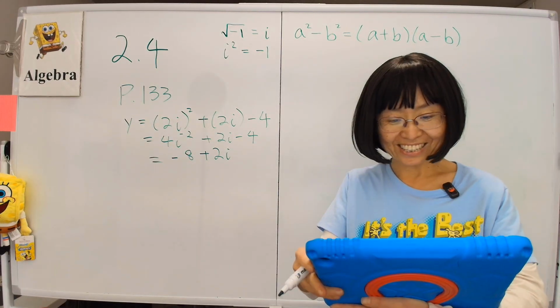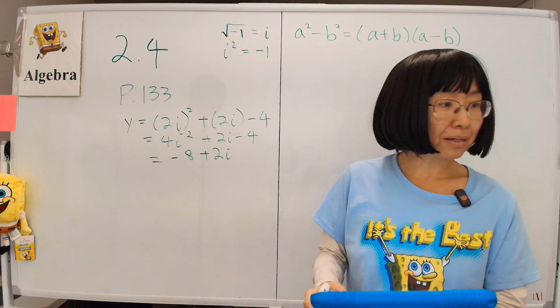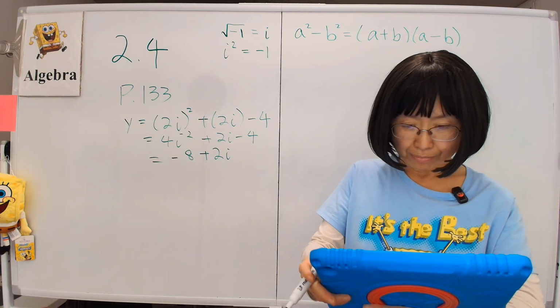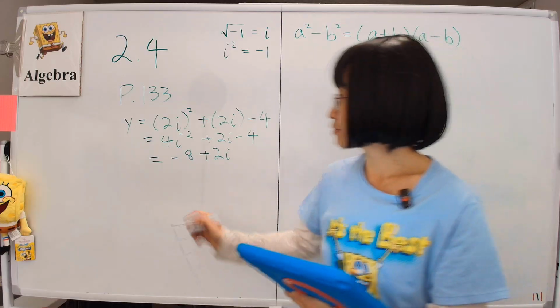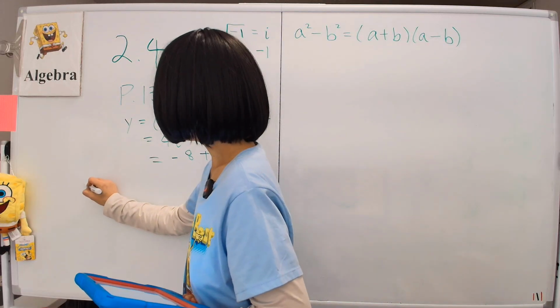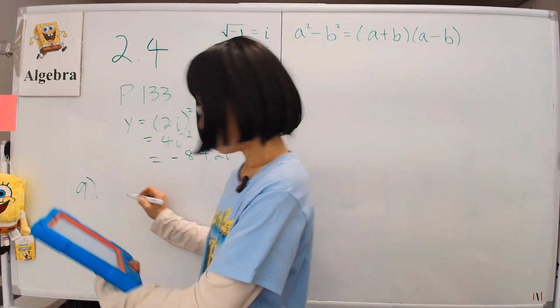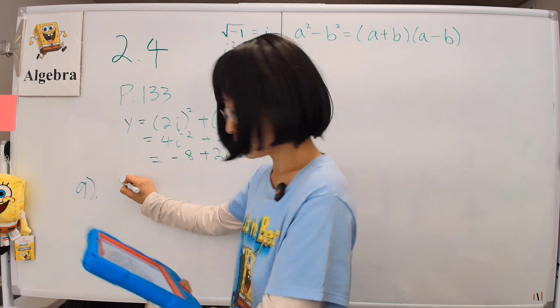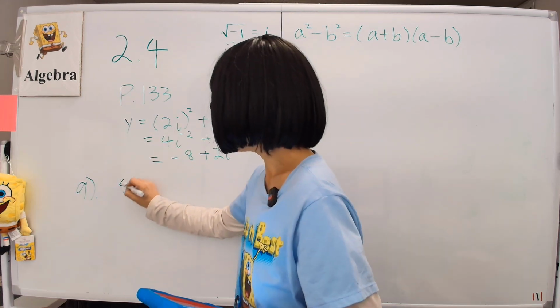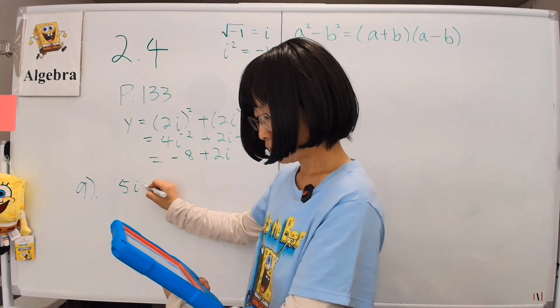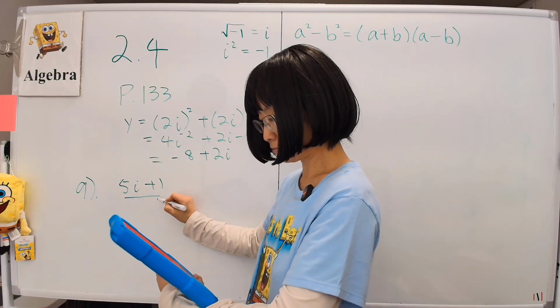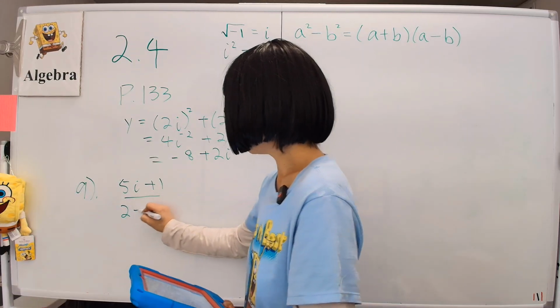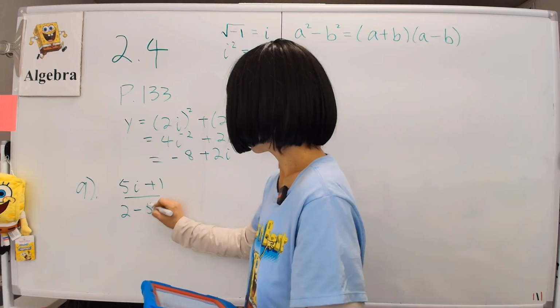And that should be the answer. Yep, and it is. So next, let's look at problem 9. X equals 5i. So we have x plus 1 over 2 minus x, so 5i plus 1 over 2 minus 5i.